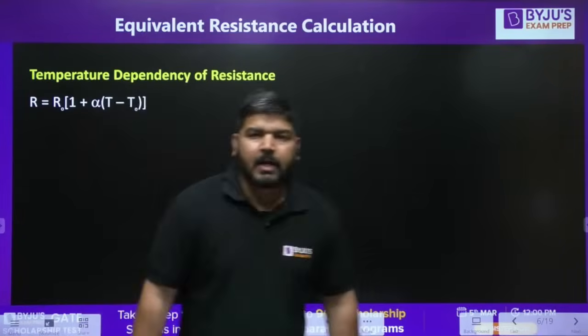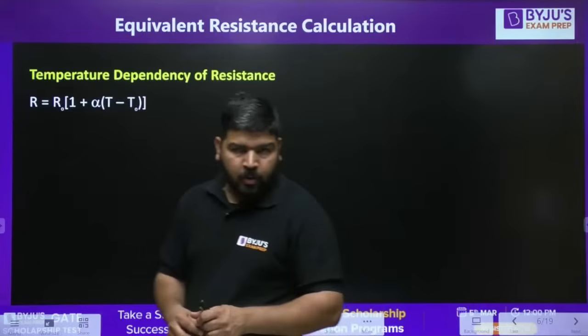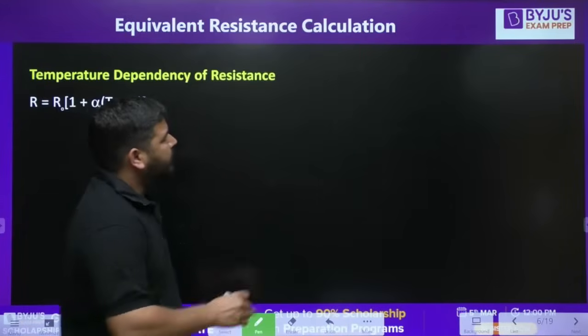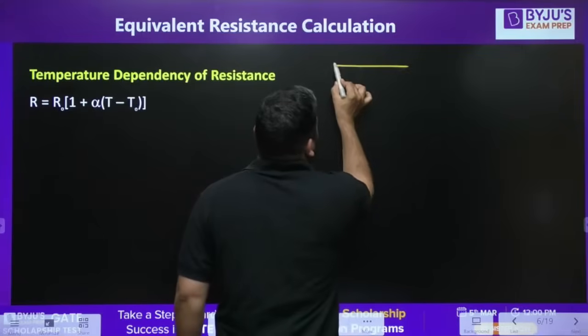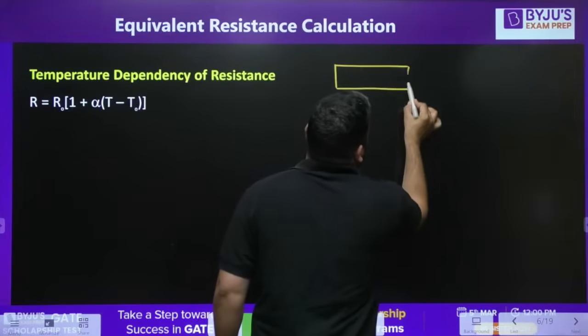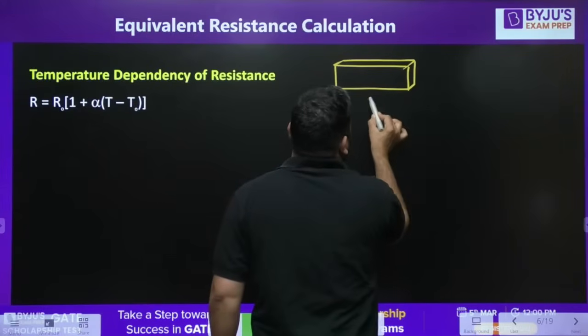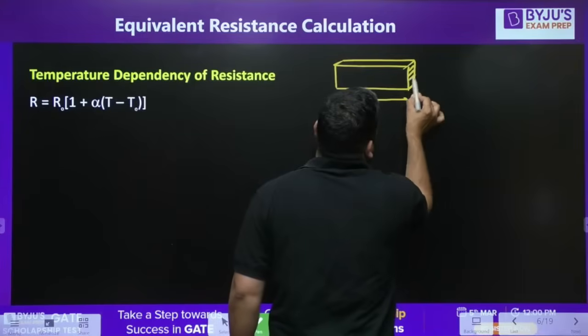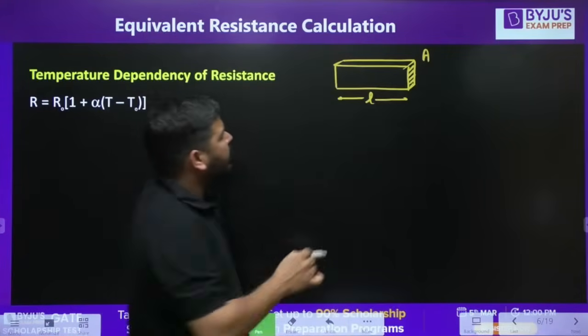In the previous class, I told you about resistance and Ohm's law. Whenever you have a metallic body, let's say some metallic block, the length of the block is L, the cross-section area is A, and the resistivity of the material is rho.